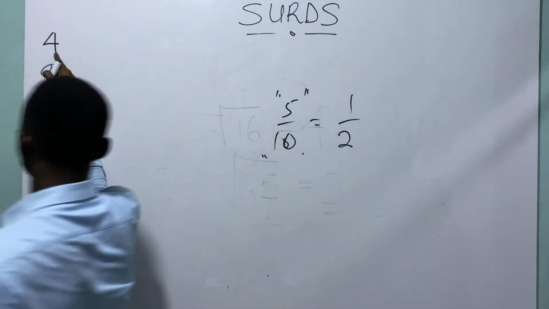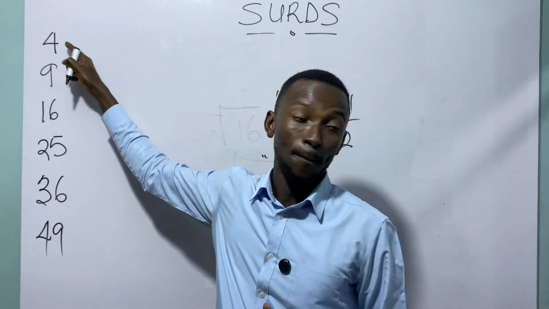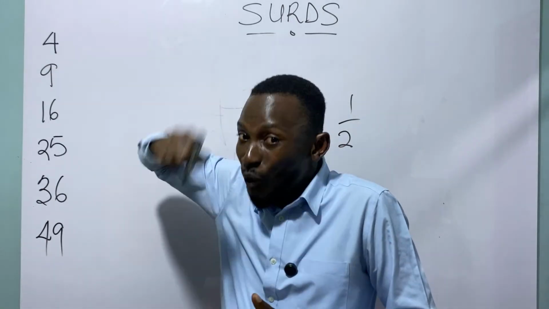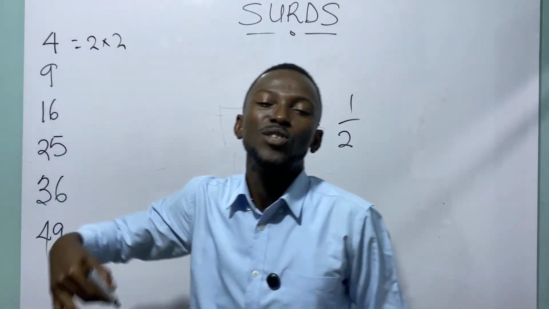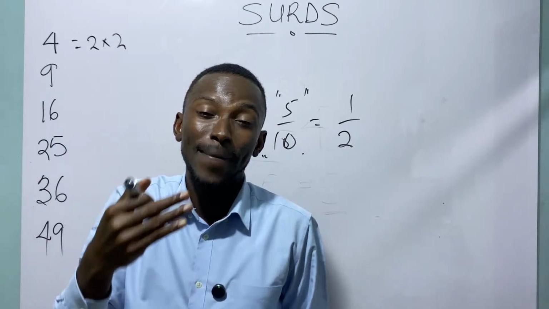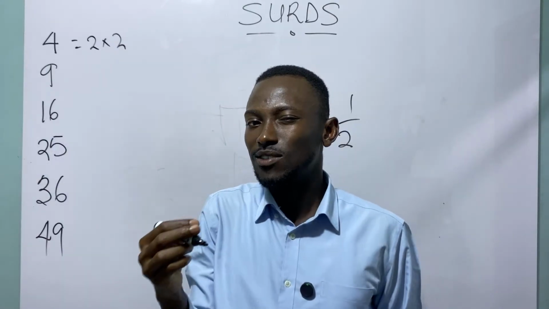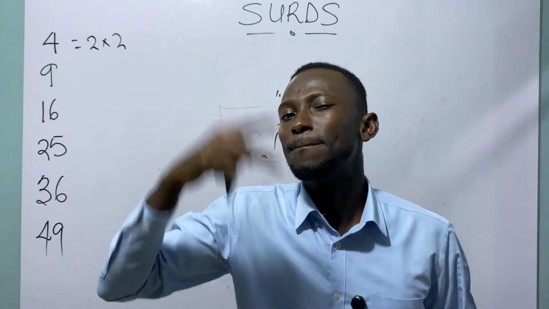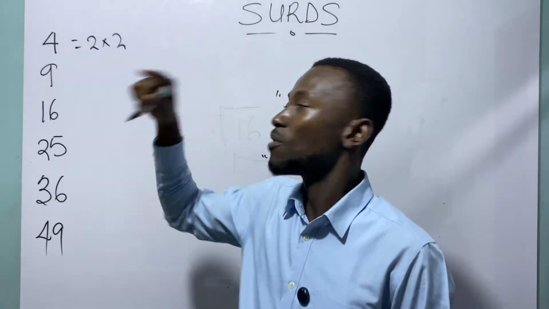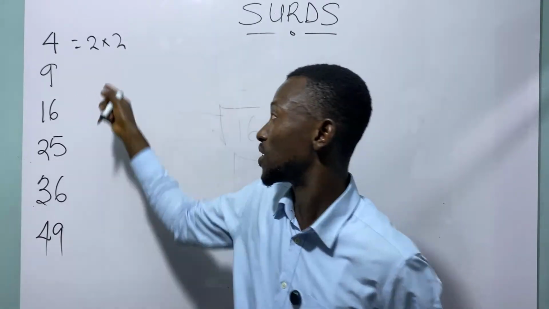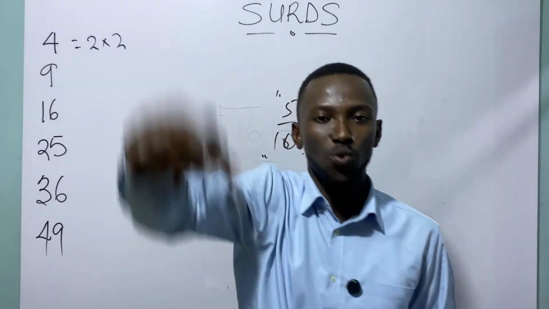So this 4 is a perfect square because 2 times 2 will give you 4. So a perfect square is any number that you can get from multiplying a number by itself. For example, if you pick 2 as a whole number and you multiply this 2 by itself, you will get 4. So meaning 4 is a perfect square.